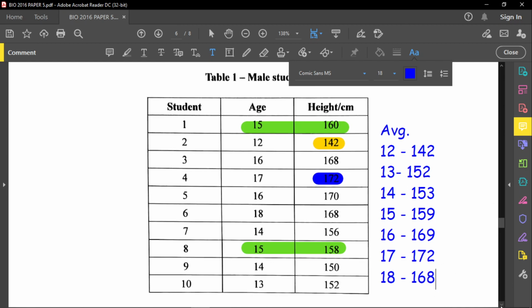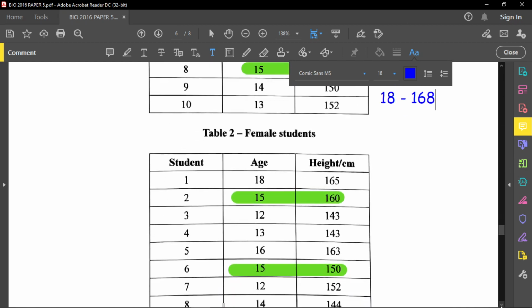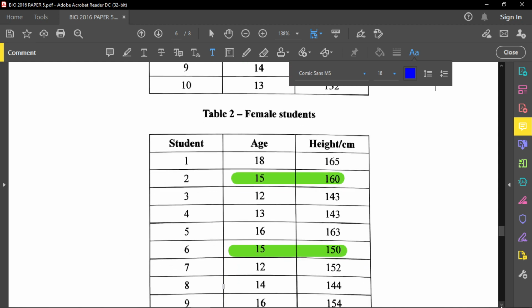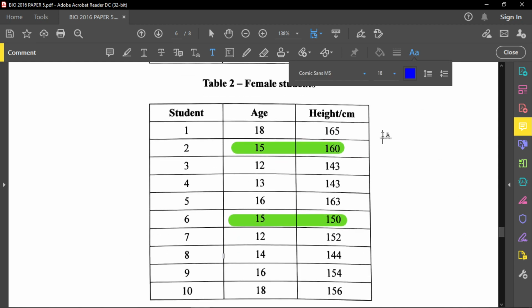And then for females, you do the same thing in terms of average. Again, you go for the 12-year-olds and look for them inside the chart. There are two of them, 143 and 152.